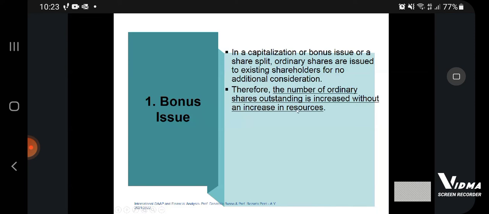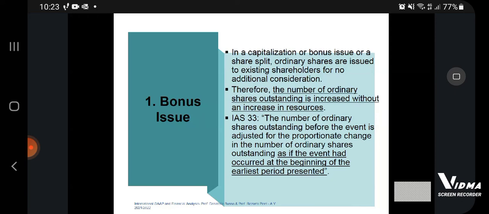No money is coming in. That means that if I'm not receiving any new funds, probably the earnings will not be impacted. But the number of shares, as I said, is increasing, so that means that earnings per share will be reduced. Okay?